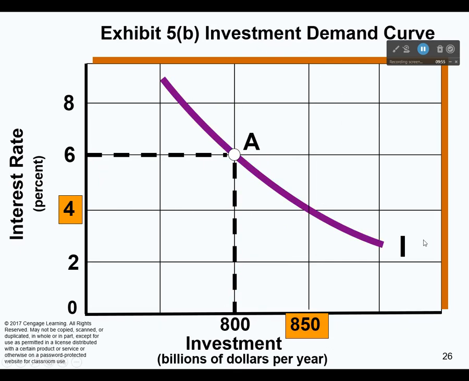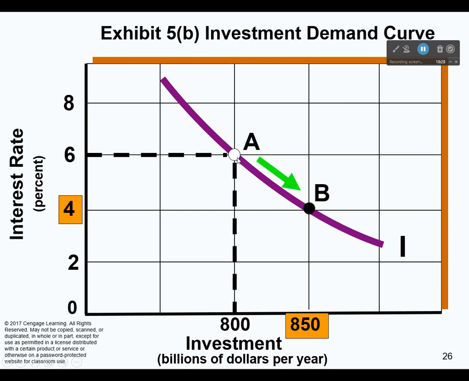The investment demand curve here, I, is investment spending at different interest rates. Businesses will invest different amounts of money. When interest rates are high, investment spending will be low. When interest rates are low, investment spending is high. So we started off at 6%.